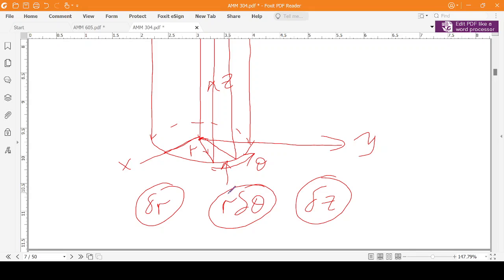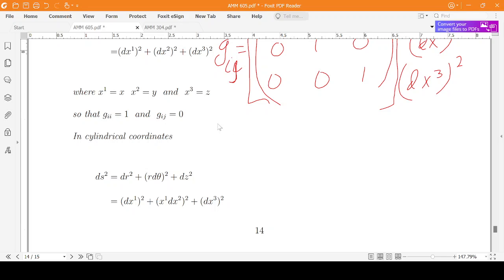These are the components in the r-axis direction, in the theta-axis direction, and in the z-axis direction. Because here we have 3 directions, r, theta, and z from the cylinder.